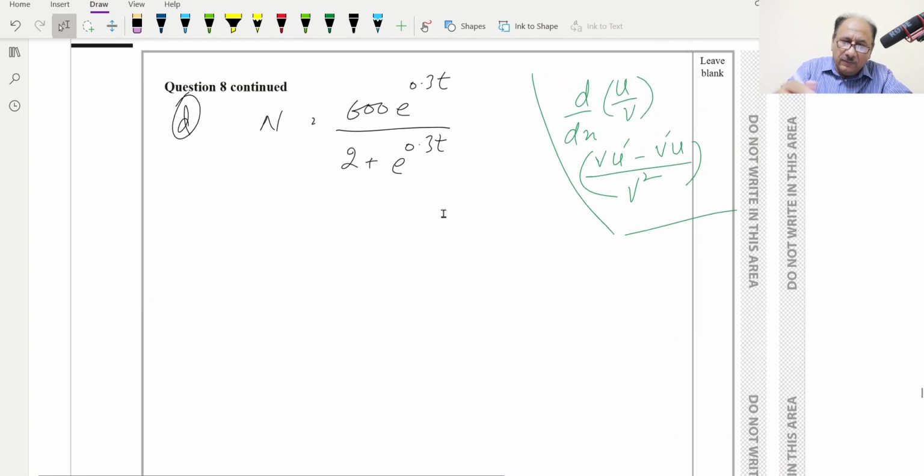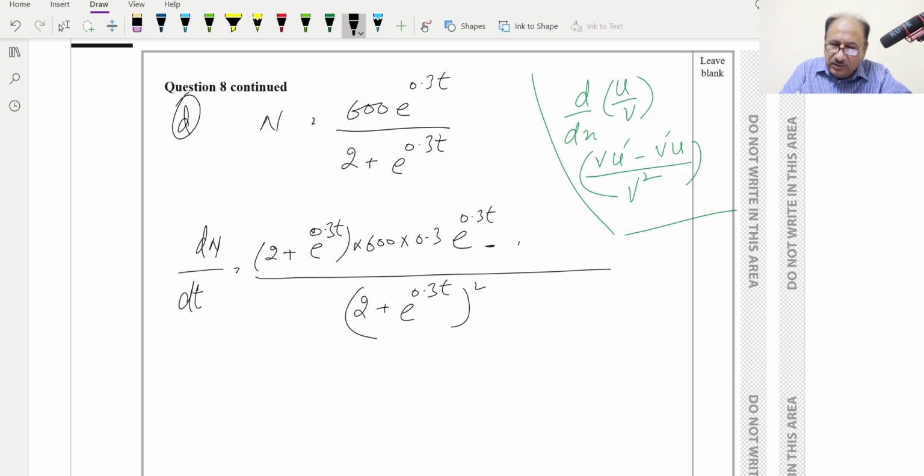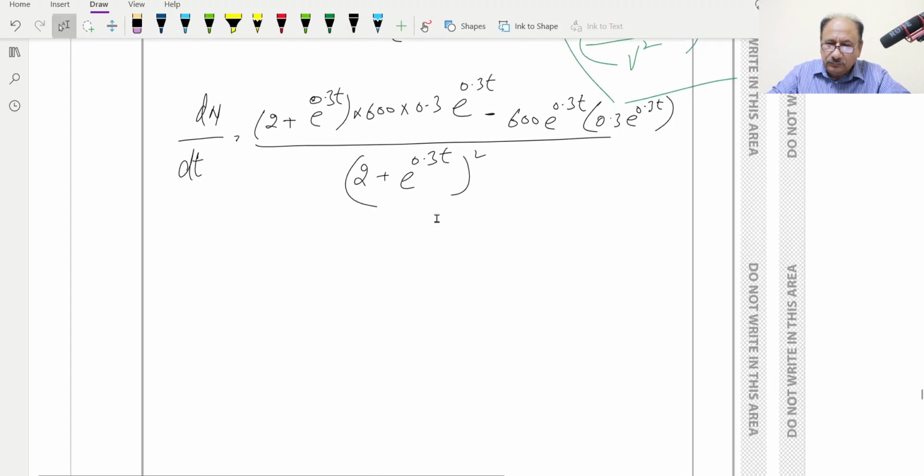So dN over dt will be equal to the denominator as it is with the square, so 2 plus e raised to the power 0.3t squared, and here the denominator as it is, 2 plus e raised to the power 0.3t, and the derivative of the numerator, 600 into 0.3 e raised to the power 0.3t, minus the numerator as it is, which is 600 e raised to the power 0.3t, and the derivative of the denominator, which is 0.3 into e raised to the power 0.3t.